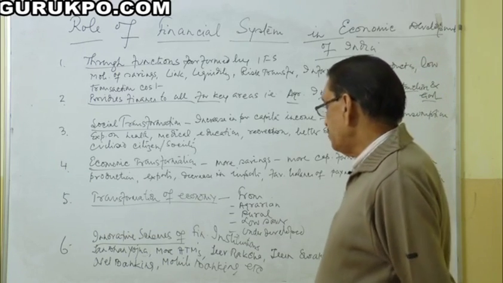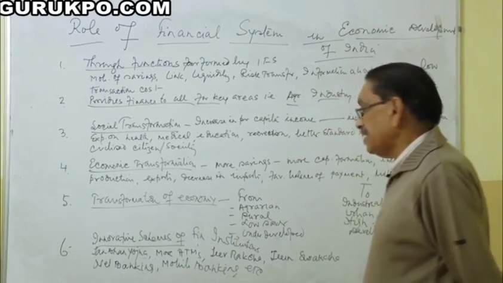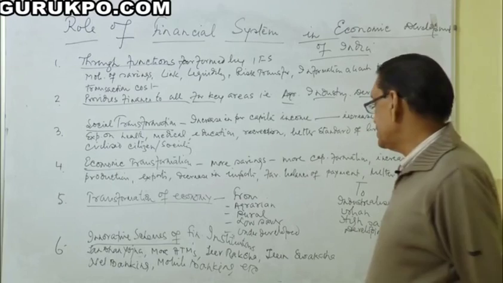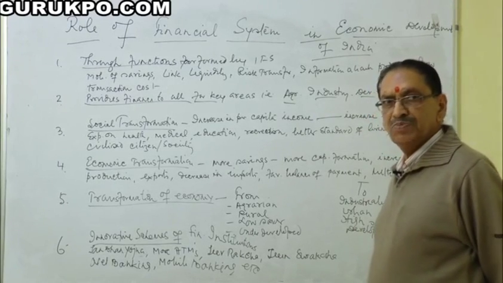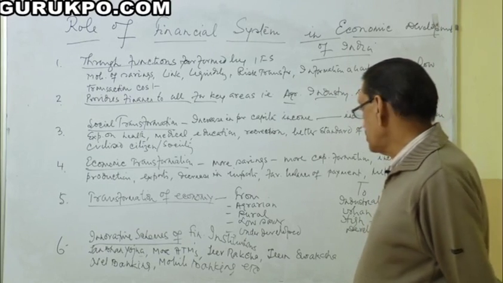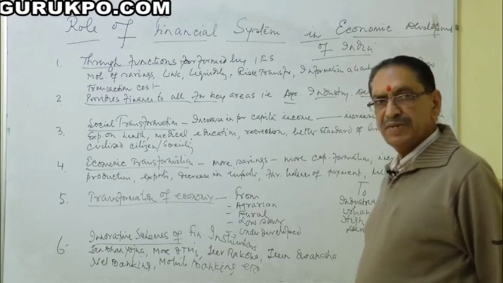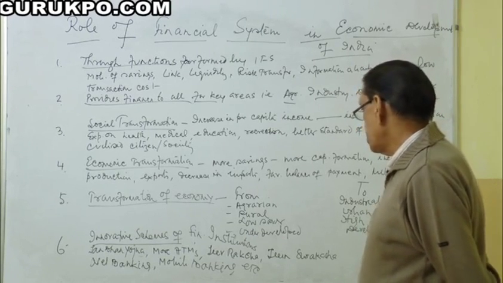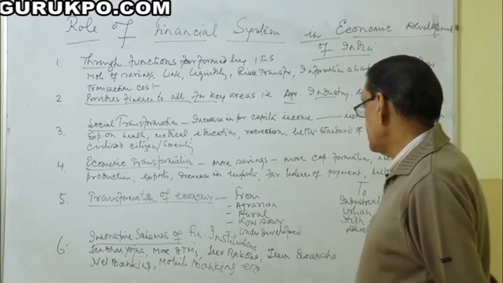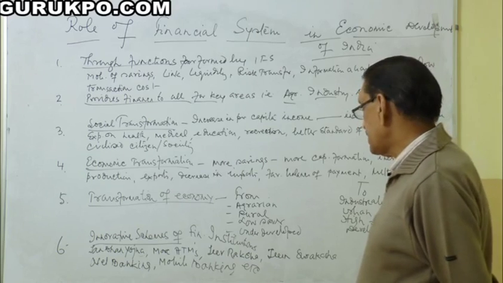Lastly, in the financial system, we have seen that many innovative things are happening. Many innovative instruments are coming which suit various age groups and various social groups, like poor, medium and high income groups. New schemes have been introduced by the present government, and some of these innovative schemes I would like to mention here.